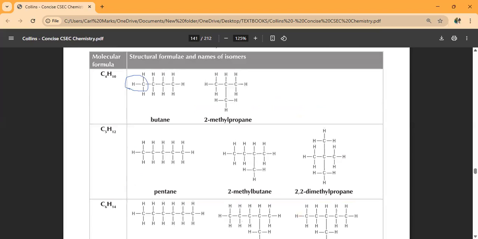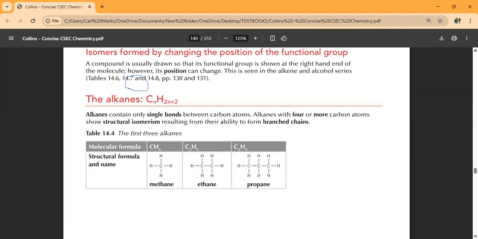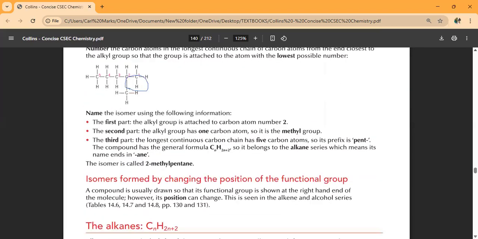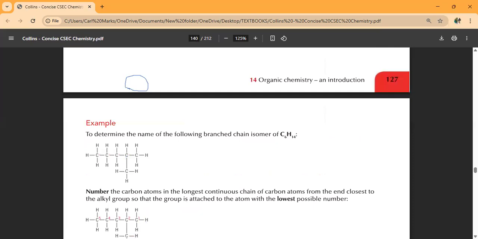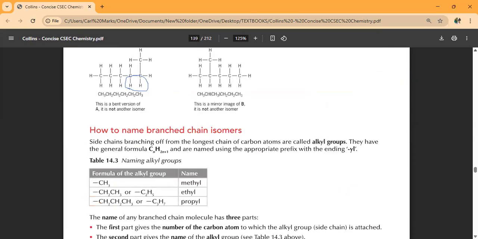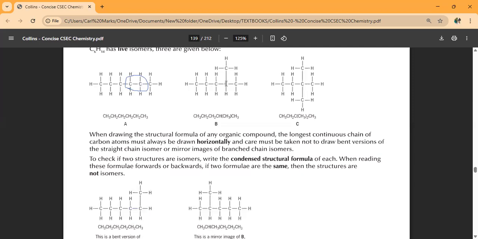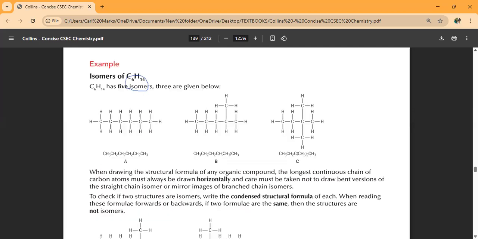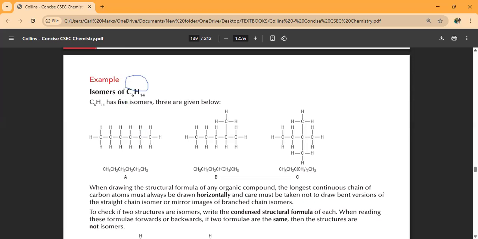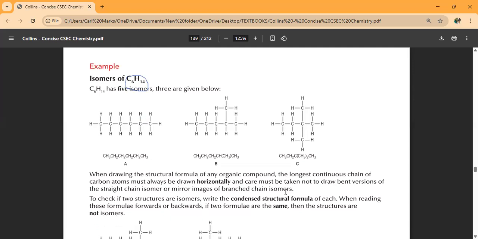Remember naming the compound. Good. So this is our compound here, right? We have hex, that's 6 carbons. What is the functional group? Can anyone remember the functional groups?